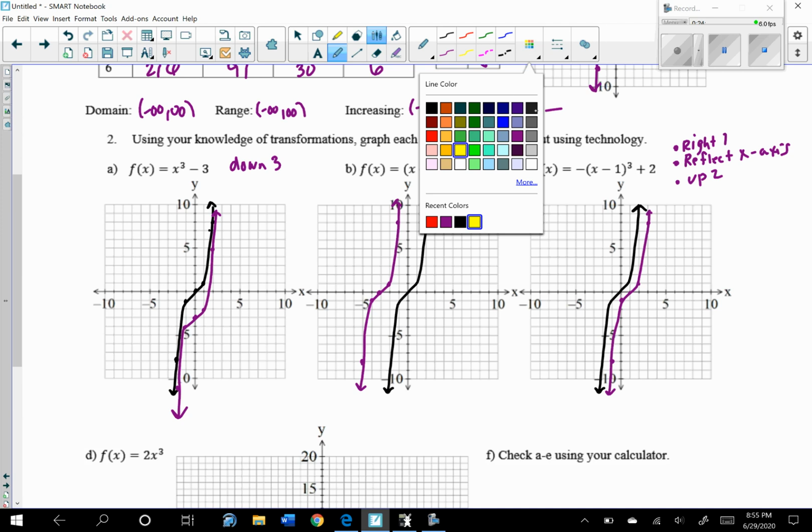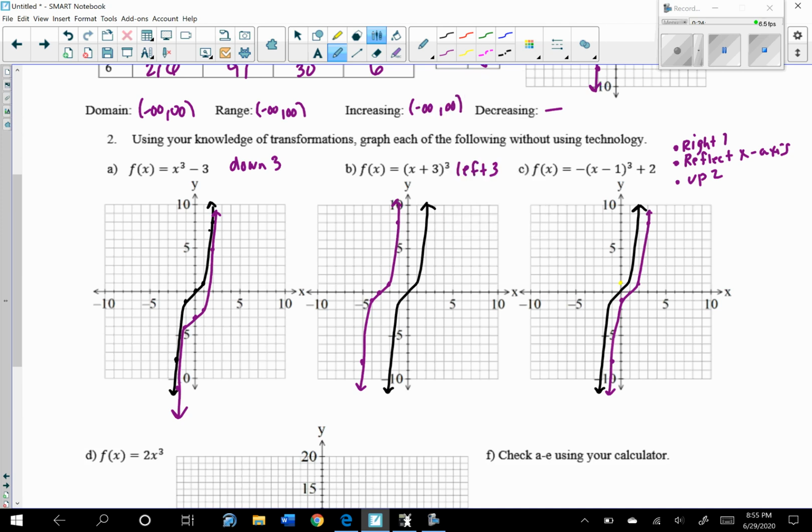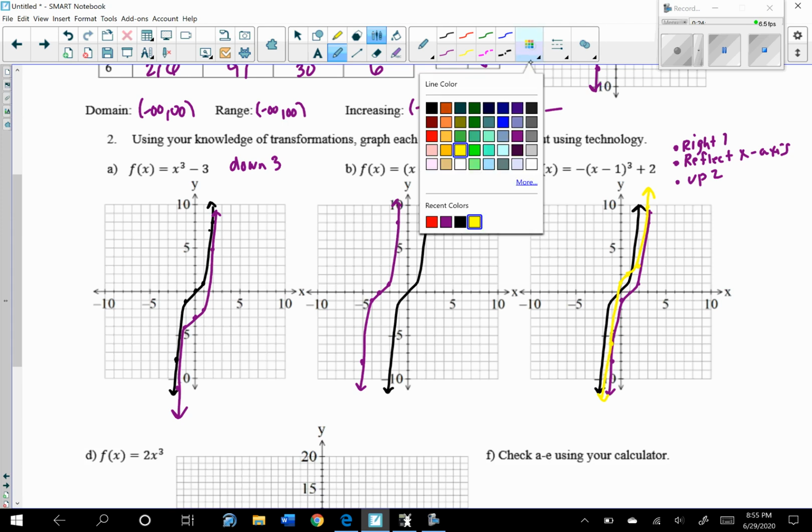So right 1, and then we're going to move it up 2. Sorry, that color is not a very good color. Probably should have picked a different color, but that's okay.